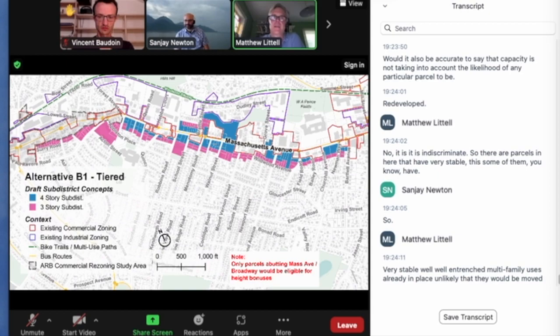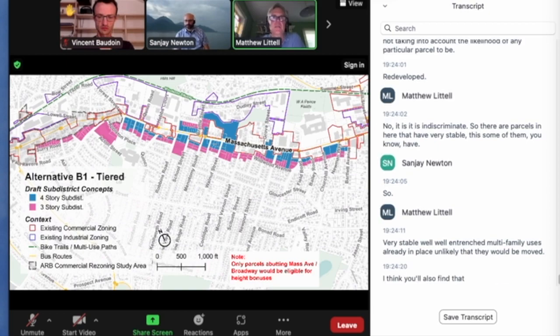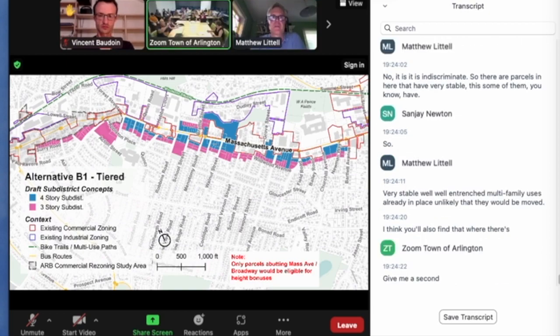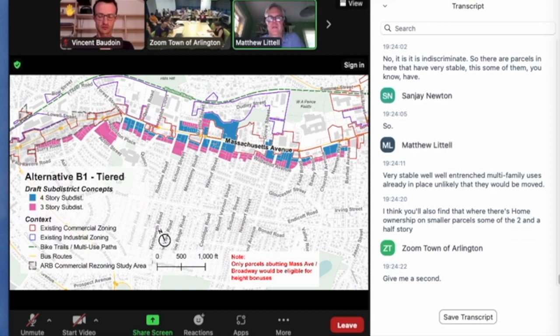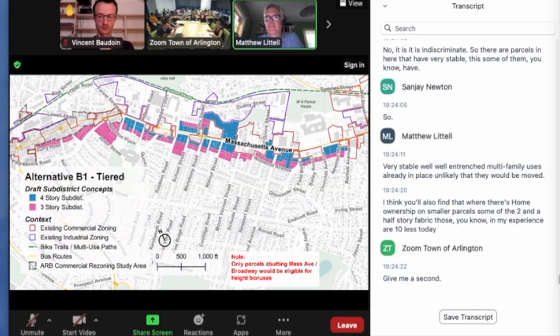I think you'll also find that where there's home ownership on smaller parcels, some of the 2.5-story fabric, those, in my experience, tend to be less prone to redevelopment.